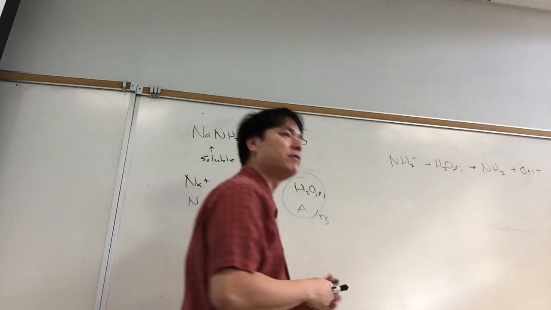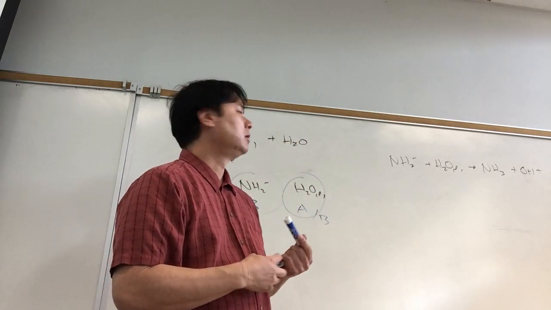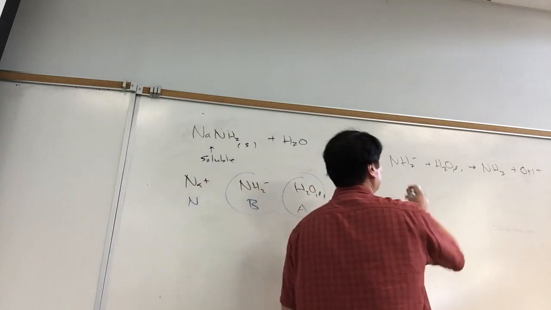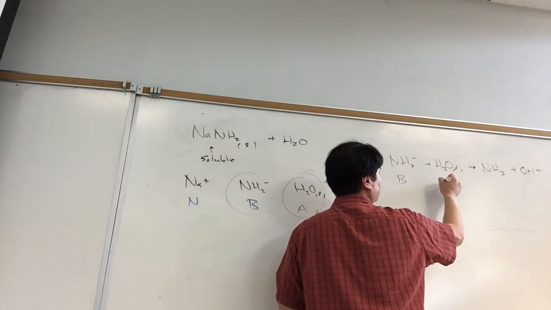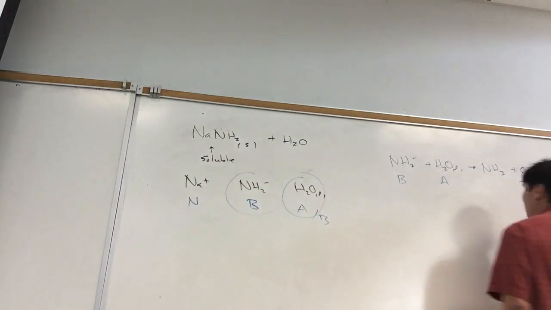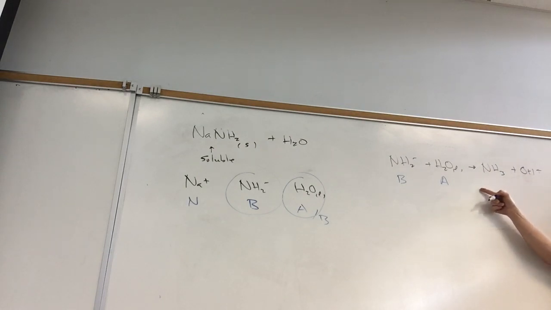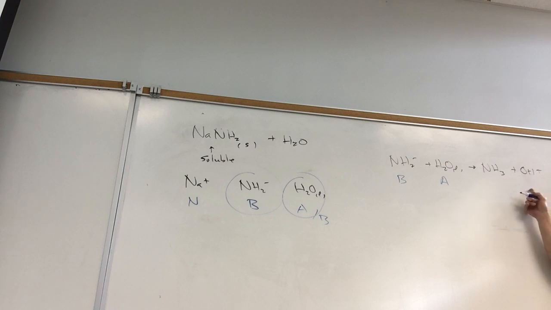Well, there must be a good driving force for this. So let's go ahead and figure it out. Amide's the base, water's the acid. If we go backwards, what's the acid? What's the base? Wait a minute, both of these are bases, aren't they?